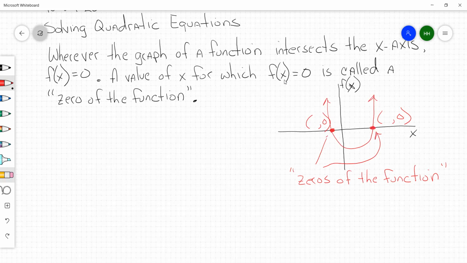That point and that point, where the function of x equals 0 or where y equals 0, those are called zeros of the function.